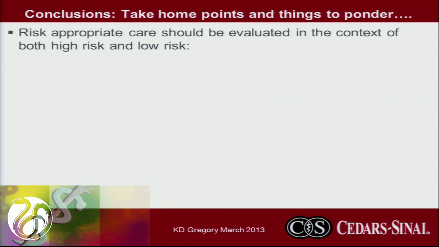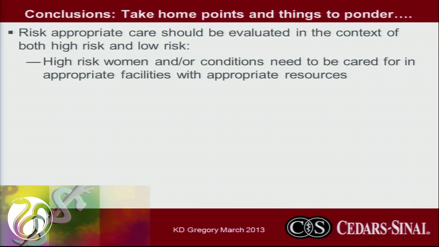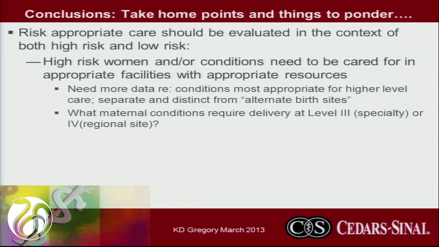I think it's important to ponder that risk-appropriate care should be evaluated in the context of both high risk and low risk, and that high-risk women and/or conditions need to be cared for in appropriate facilities with appropriate resources, and that we need more data regarding conditions most appropriate for higher level care, and that needs to be separate and distinct from our conversations about alternate birth sites, and specifically ask ourselves what maternal conditions require delivery at level 3 or level 4 sites.